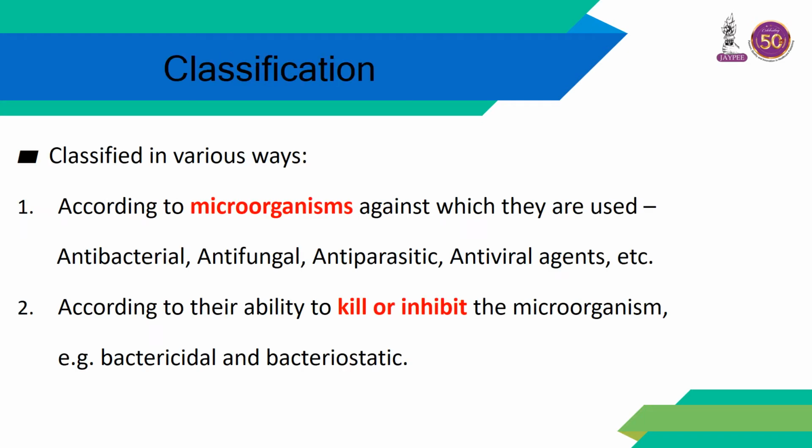We have seen the first part, that they are classified based on the microorganisms that are affected. And secondly, based on the ability to either kill or inhibit the organism, they are divided into bactericidal or bacteriostatic drugs.